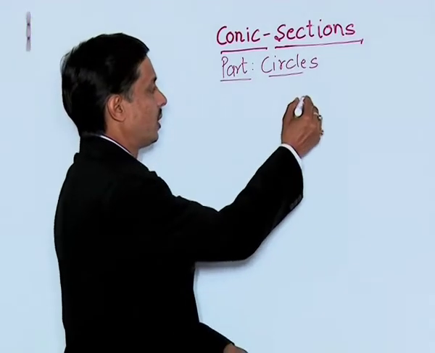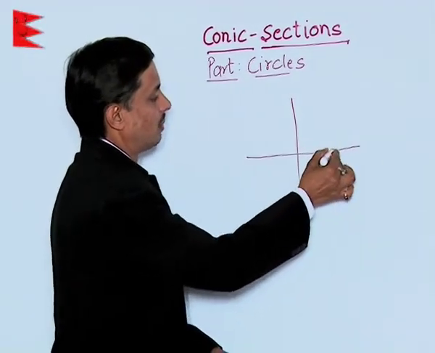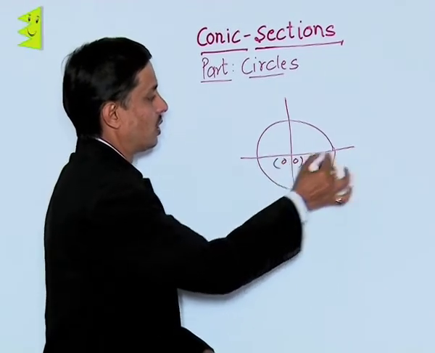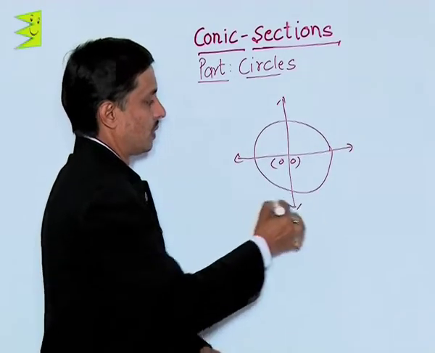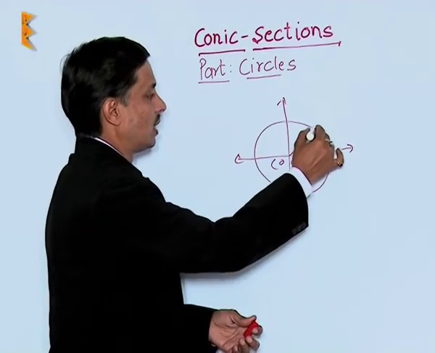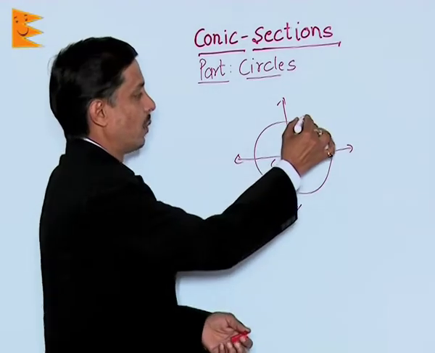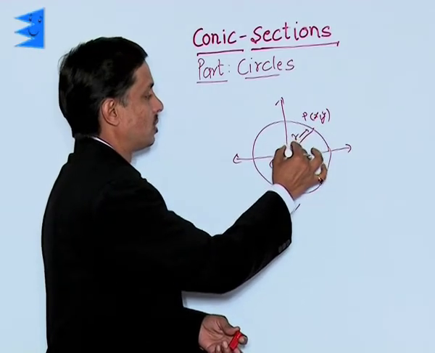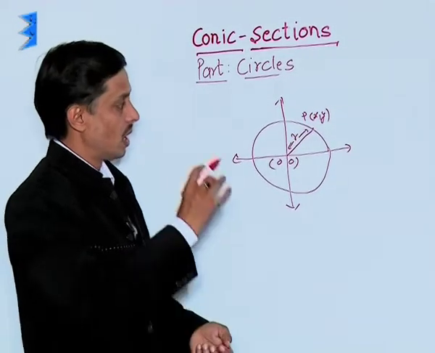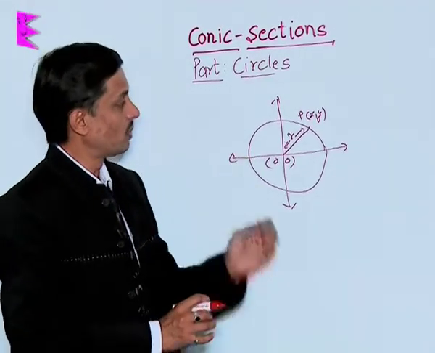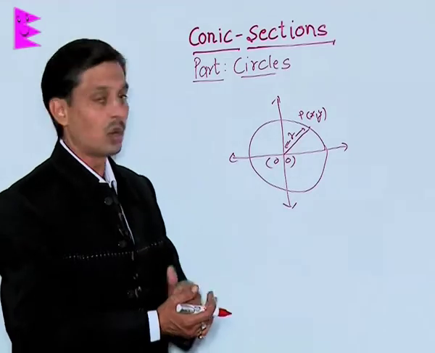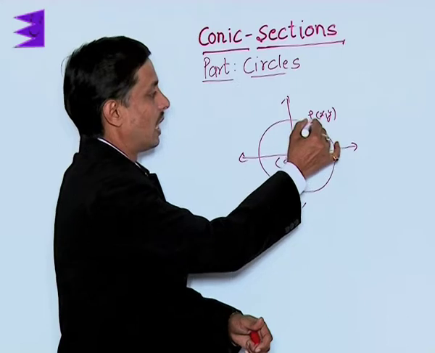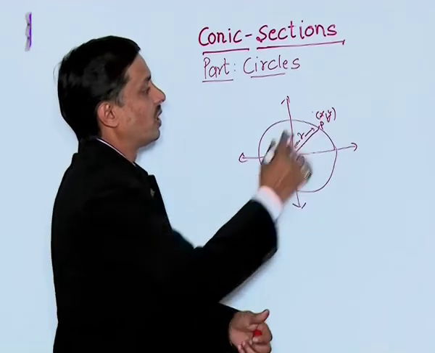Suppose this is a circle having its center at the origin, that is (0, 0), and there is an arbitrary point P whose coordinates are (x, y), and the radius is r units.